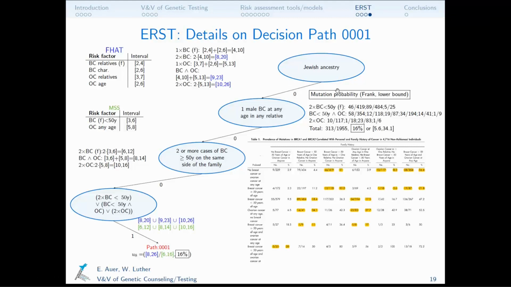This criterion is reflected in the Frank tables because we need to take here the table for the non-Ashkenazi individuals.